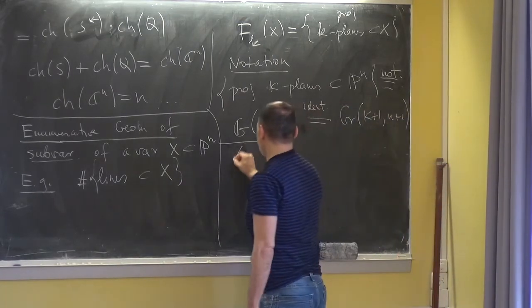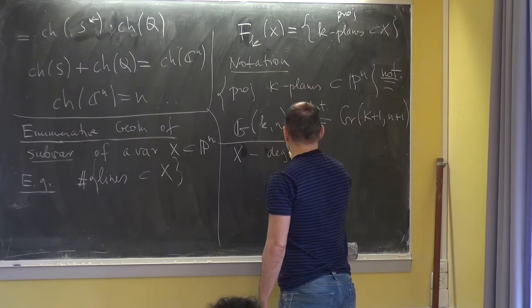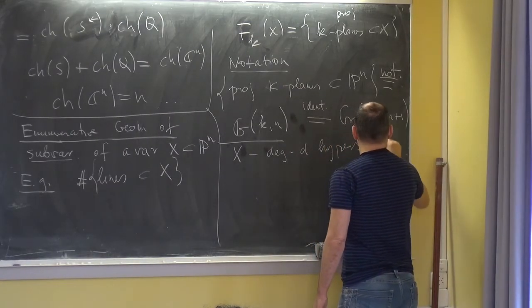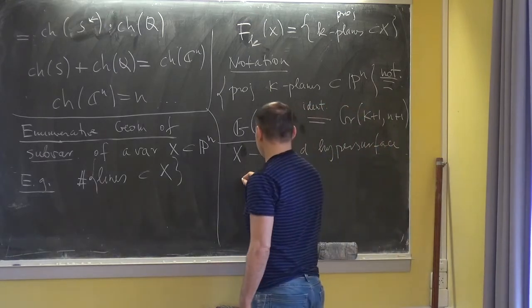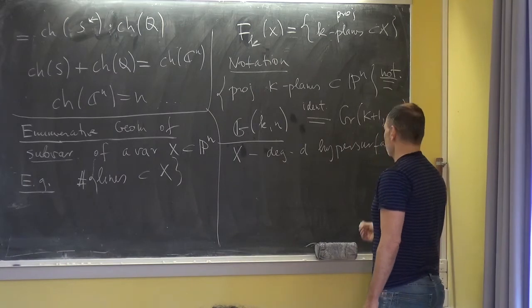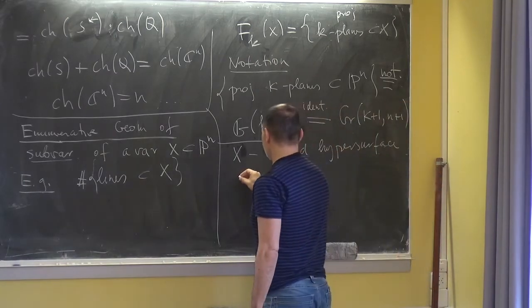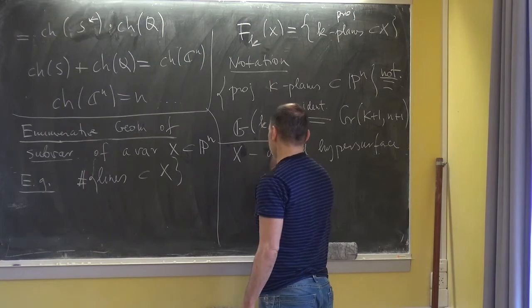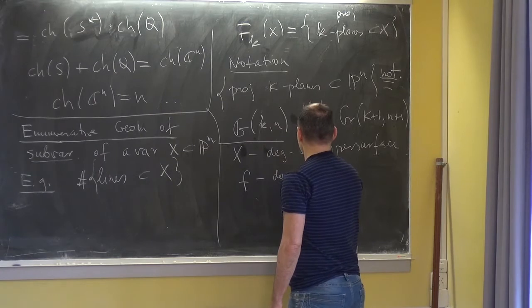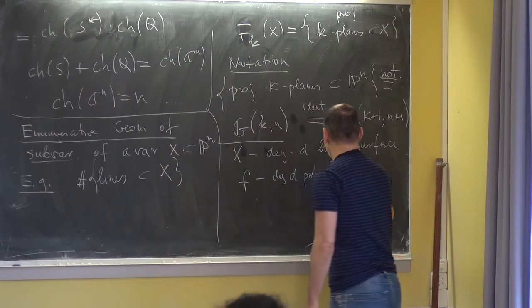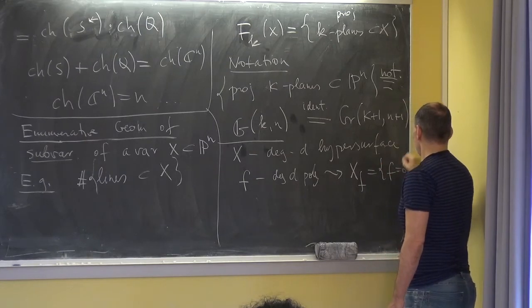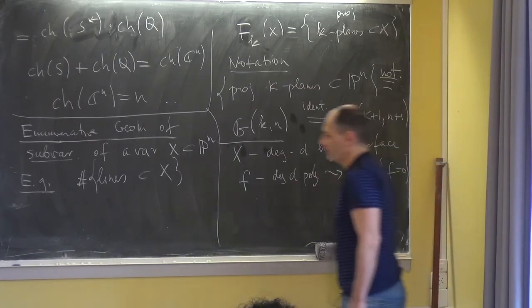So let's consider X to be a degree d hypersurface, and then we can just look at the space of all degree d hypersurfaces. So what is a hypersurface? F is a degree d polynomial, and then we have X_F, which is just the zero set of F.